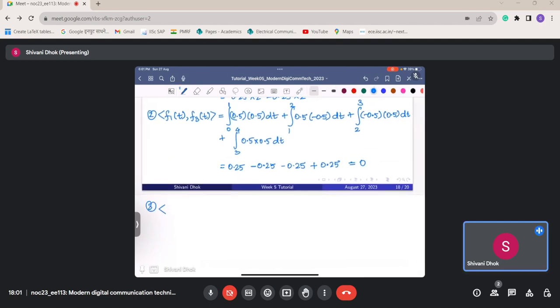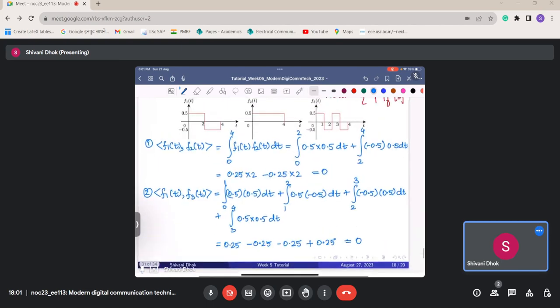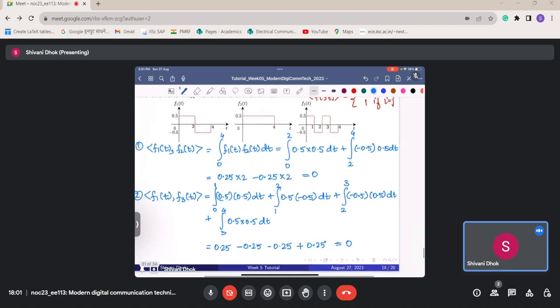that is the integral of f2(t) into f3(t). Okay. So now again this f2(t) is constant at 0.5 for the entire range of 0 to 4. However, this f3(t) is again oscillating like this.